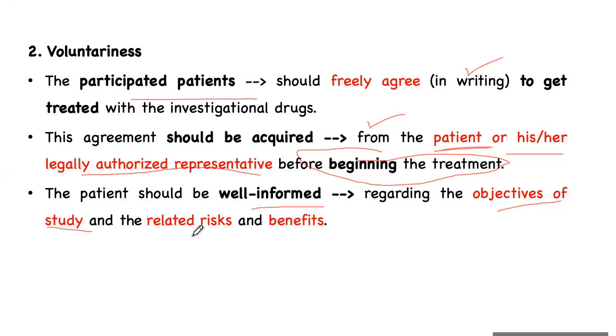The objective of the study, related risks and benefits should be well informed to the patient. So this is the principle of voluntariness, where the written agreement in the form of informed consent is compulsory.